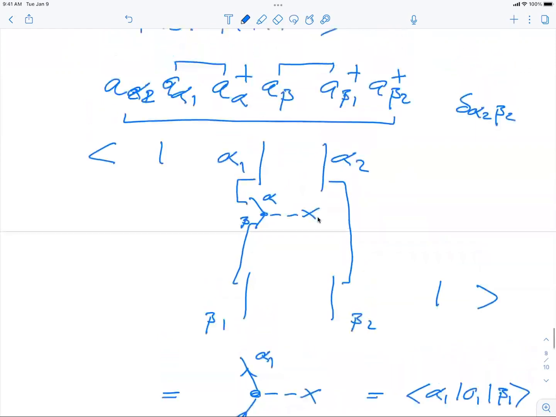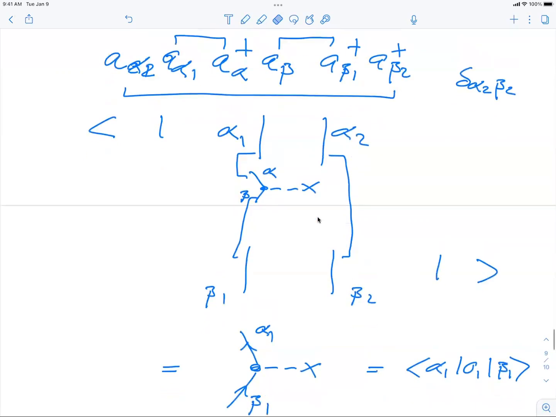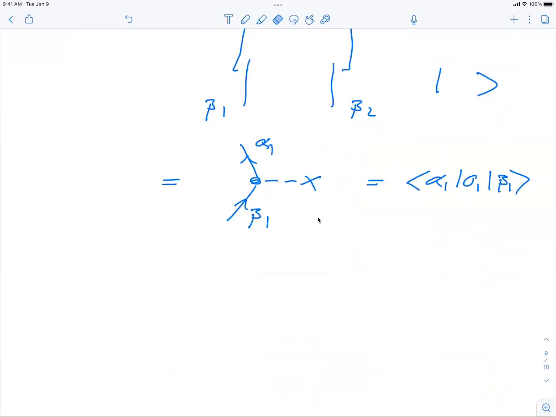Now, if we look at the operator, we have not assumed that the single-particle states are eigenstates of the operator. That means we need to take into account all possibilities here. So let's just rewrite it. We would have an A alpha 2, A alpha 1, A alpha dagger, A beta, and then A beta 1 dagger, and A beta 2 dagger.